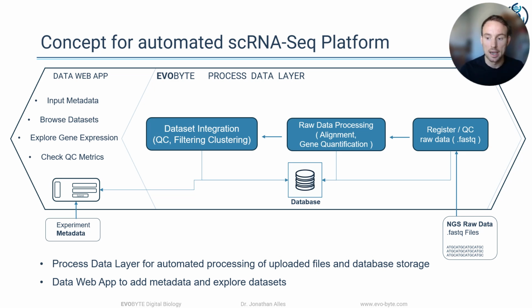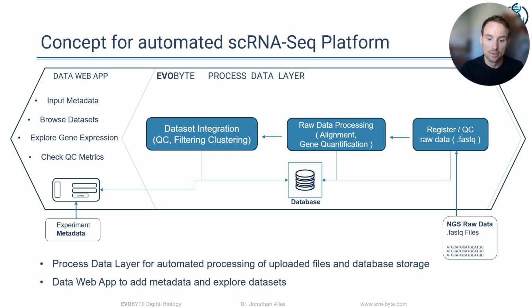And second, we would like to have a basic data exploration utility in which we can have a look how the integrated data sets look like and do some first set of comparisons.